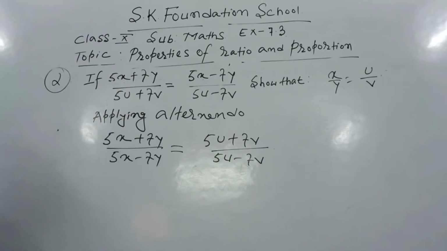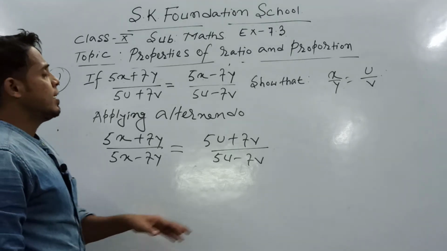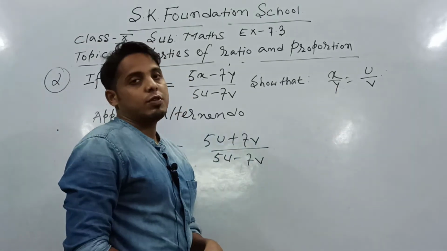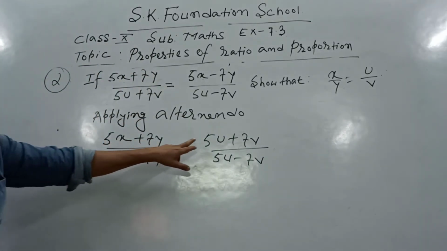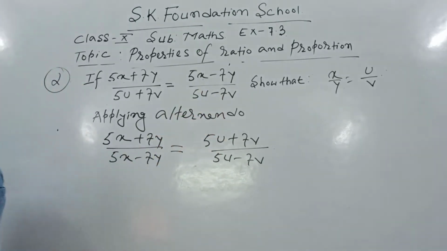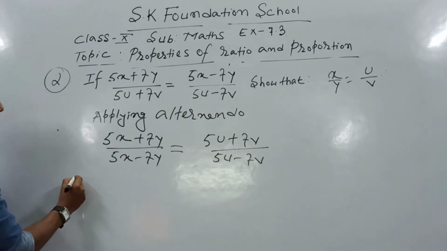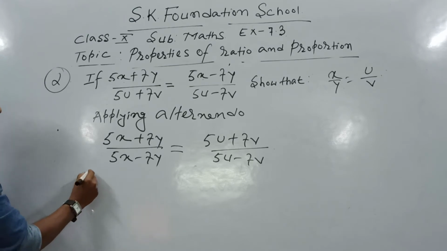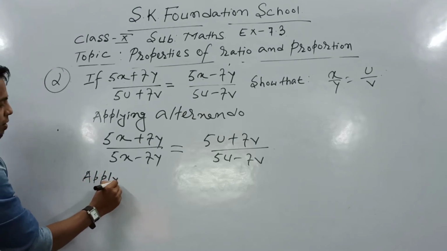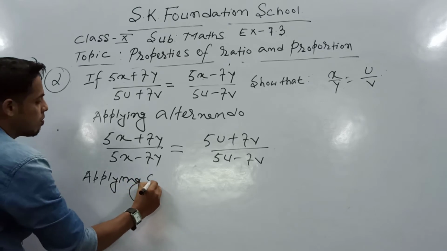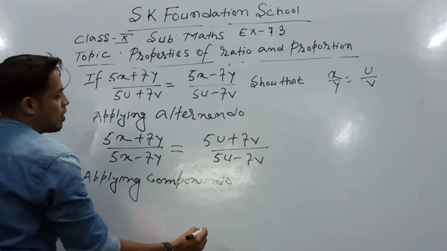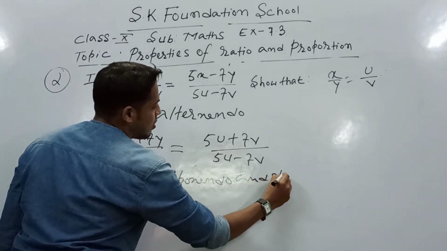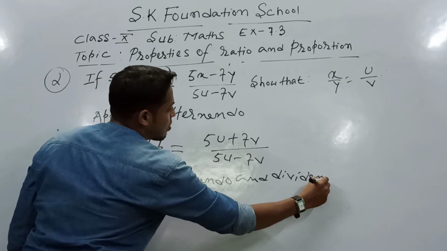Clear? So we are going to convert to x by y equals u by v form, right? Now look at here, xy form is on one side and uv form is on one side. So here we apply componendo and dividendo.